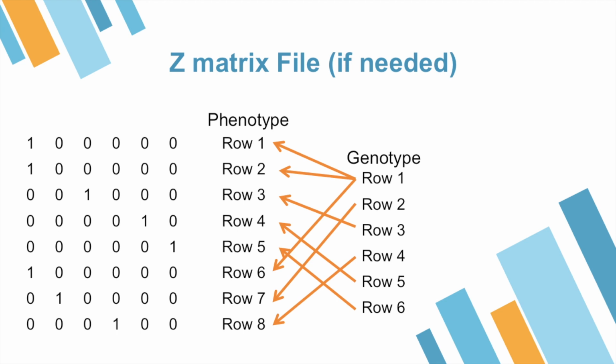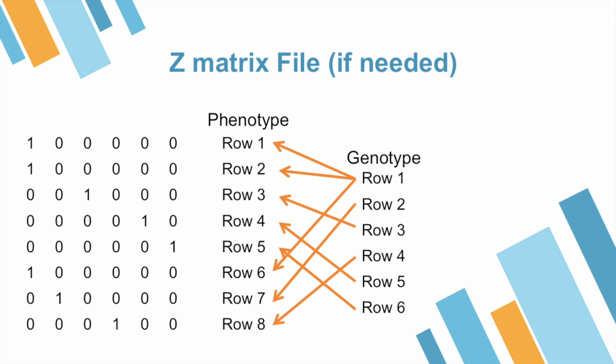So I've given an example of that incidence matrix of ones and zeros. An incidence matrix, or the Z matrix, can only contain ones and zeros. If you have any other value, then Eagle will have a bit of a spaz. But given that you've got a matrix that has ones and zeros, what I'm doing there is showing you how that maps the phenotype to the genotype.